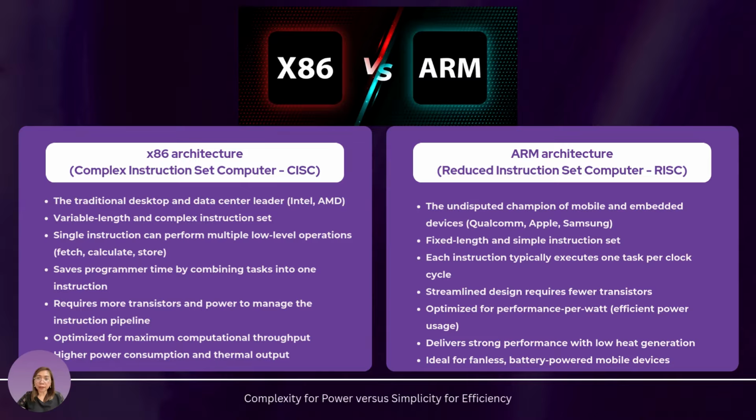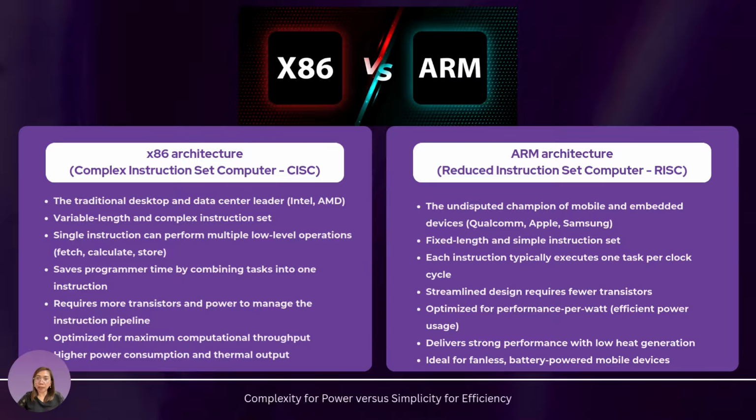On the other hand, ARM is a Reduced Instruction Set Computer, or RISC. The instructions are fixed length and simple, so each instruction generally executes one task in one clock cycle. The design is streamlined, requiring fewer transistors.